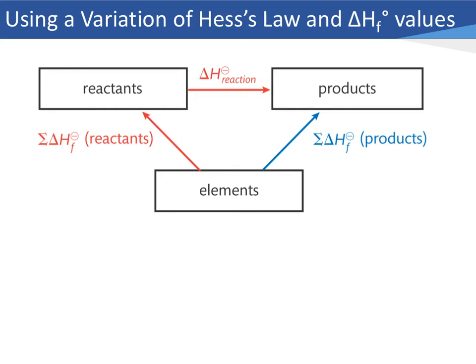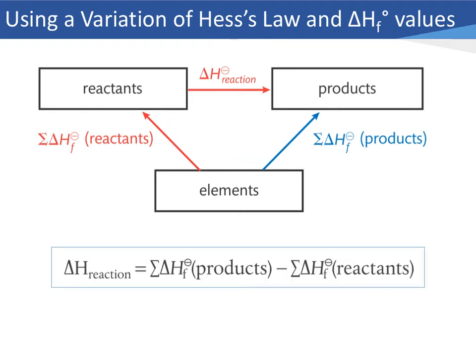So this is path 1, and this is path 2. So that means delta H of reaction is the sum of the delta H of formation of the products minus the sum of the delta H of formation of the reactants.